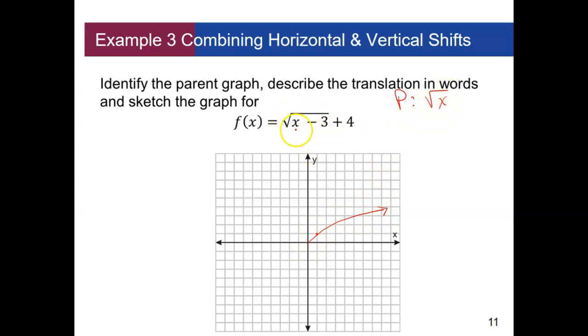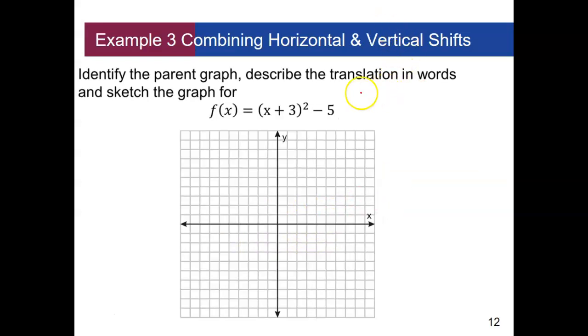Since this is inside the radical, this is going to move it to the right 3 units. And since this is outside, it's going to move it up 4 units. So if I go up 4 units and right 3 units, this point here is being relocated to this point here. And so I'm then going to have a graph that looks something like this.